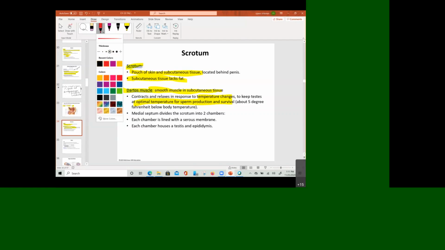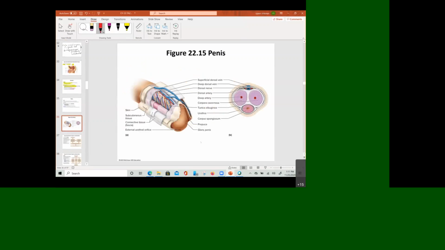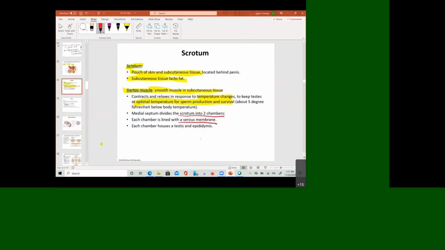The medial septum divides the scrotum into 2 chambers, and each chamber itself is lined with a serous membrane. And inside each chamber, we find the testes and the epididymis.